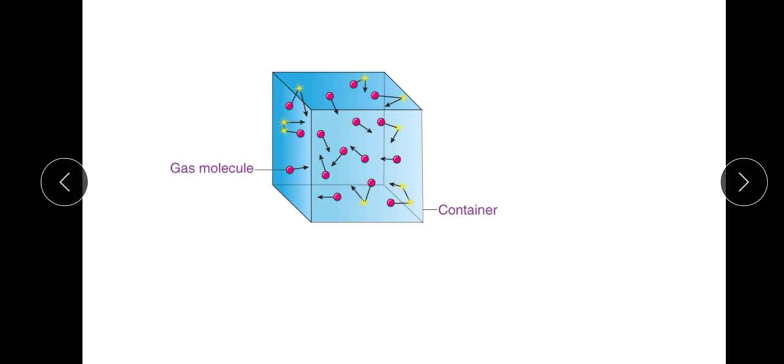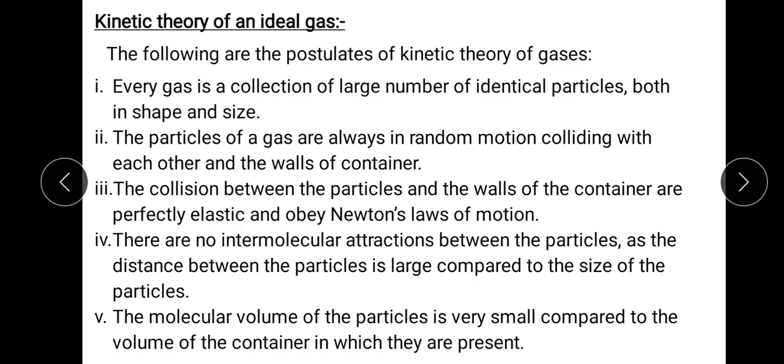So it is a nearly perfectly elastic collision, and it obeys Newton's law of motion, that is, action and reaction are equal and opposite. This point is very important because this property will be used in the next concept, the pressure of an ideal gas. So remember, during the motion, the molecules collide with each other, and the collision is completely elastic, conserving kinetic energy and linear momentum.